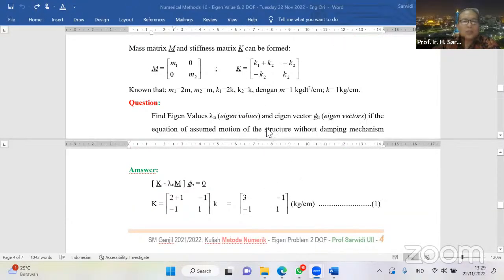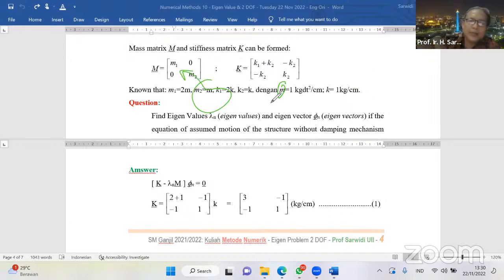So just put the equation here, and then you put the numbers, but remember there are units here. For example, mass is 1 kilogram second square divided by centimeter. If K, stiffness, of course, kilogram per centimeter, maybe meter over millimeter, etc. Okay, just put this number here.